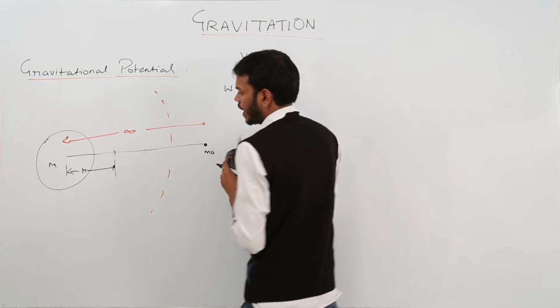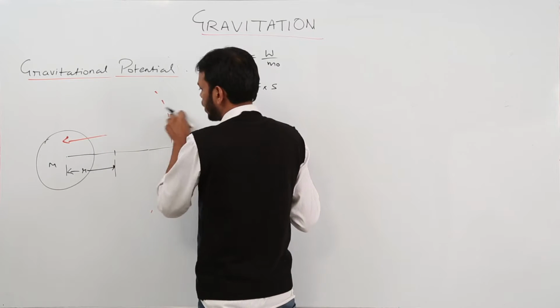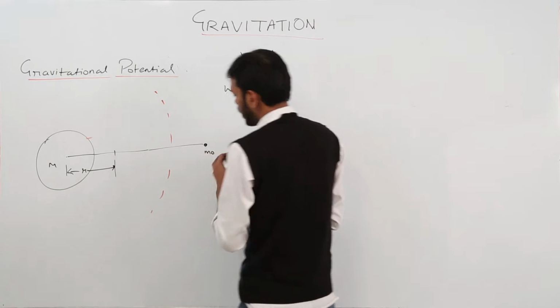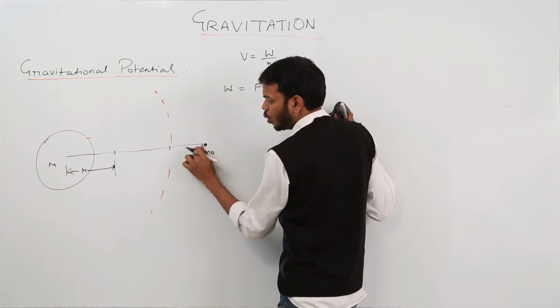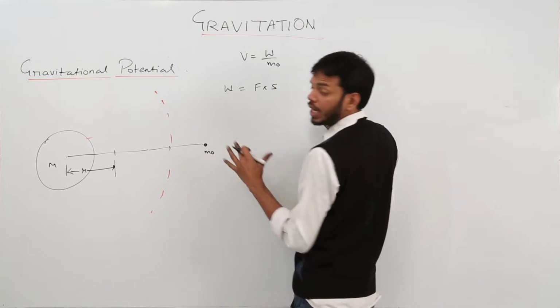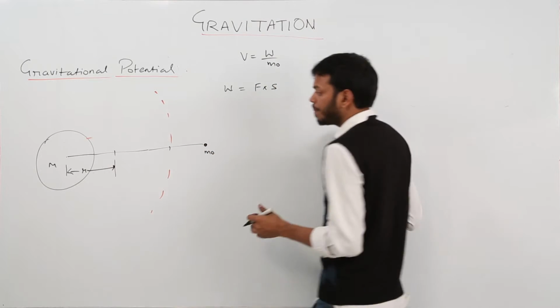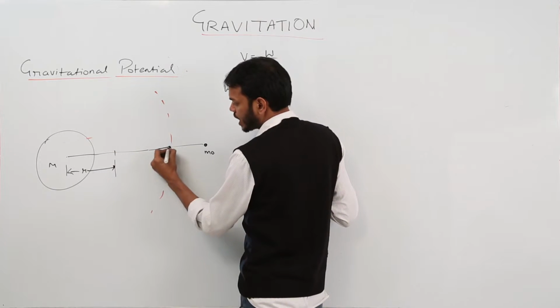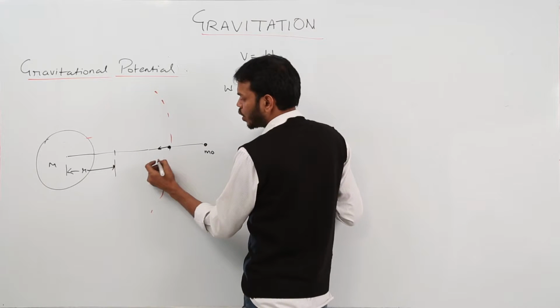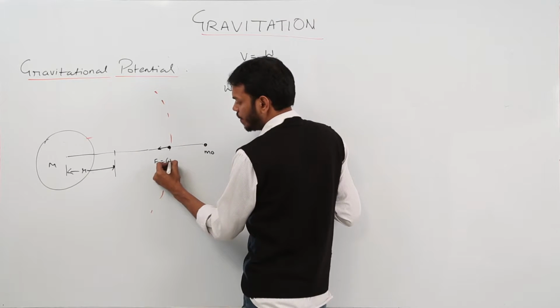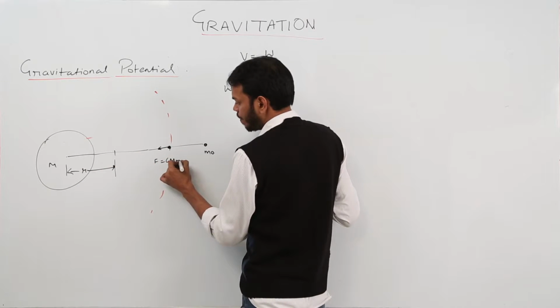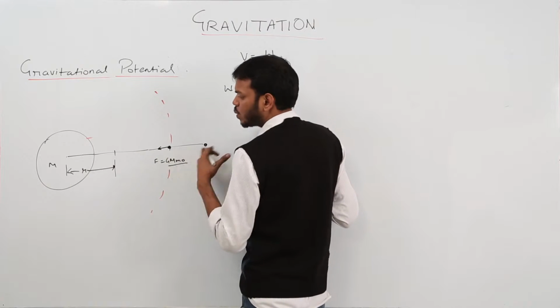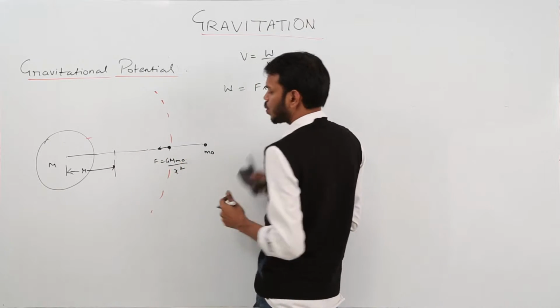As soon as the body enters the gravitational field, up to here there will be no work done because the body is moving in the absence of any external force. But as soon as it enters this field, it will start experiencing an attractive force, given by F is equal to G M m0 over the distance squared.